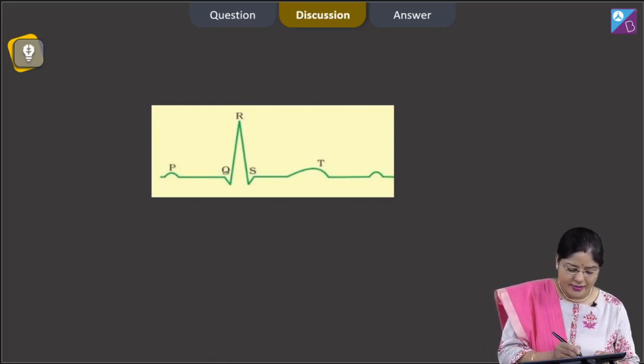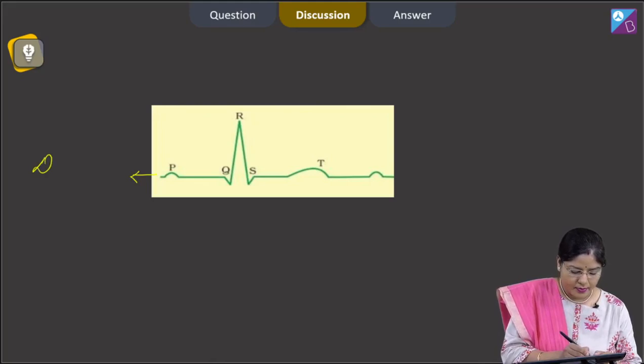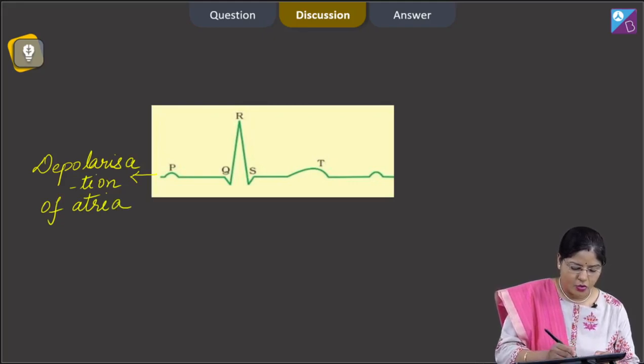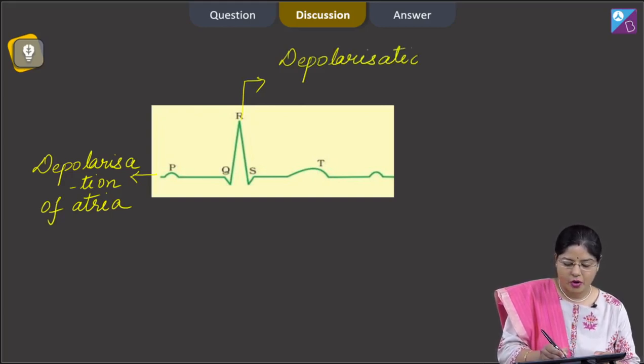In a standard ECG, P wave indicates depolarization of atria. And QRS complex indicates depolarization of ventricles.